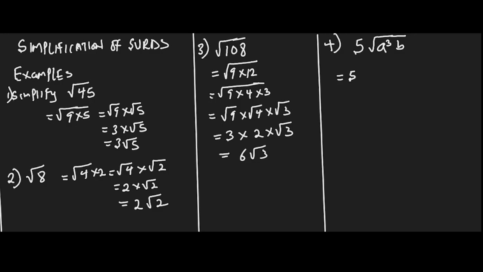This is the same thing as 5 times square root of a raised to power 3 times b, which can be split as 5 times square root of a cube times square root of b.